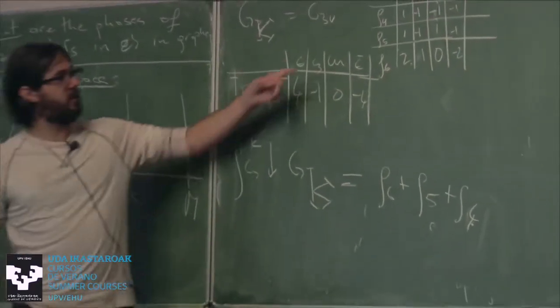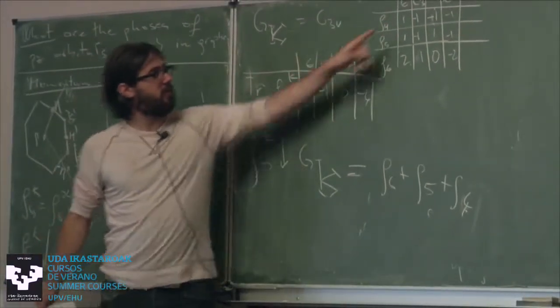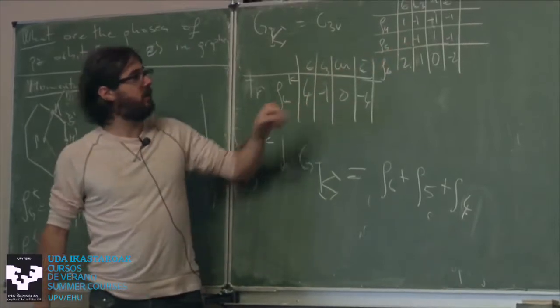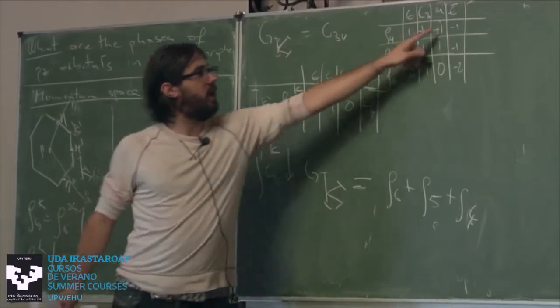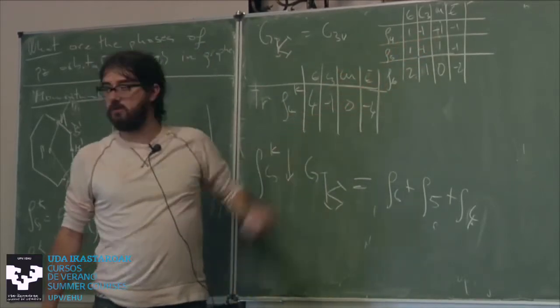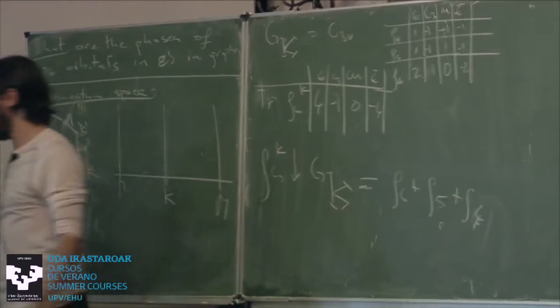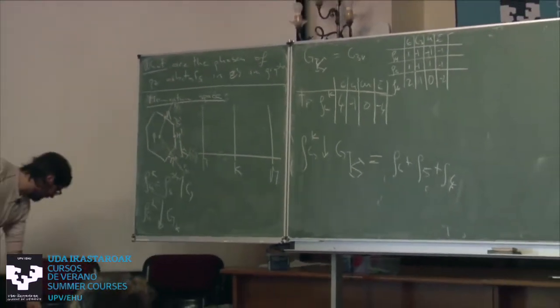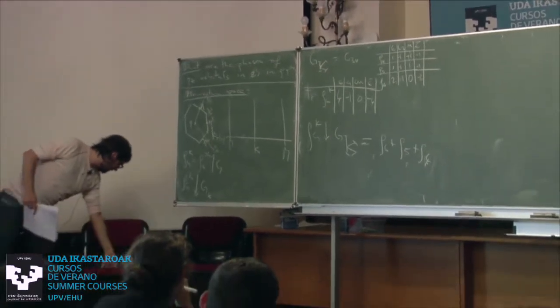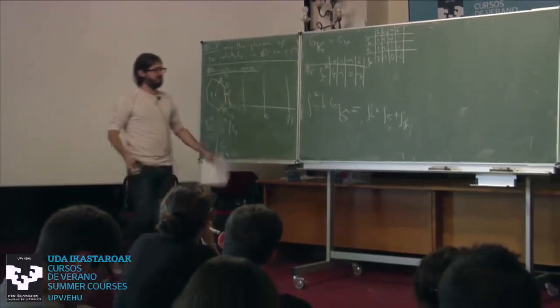Okay, because you have 1 plus 1 plus 2 is 4, minus 1 minus 1 plus 1 is minus 1, minus 1 minus 1 minus 2 is minus 4, i minus i, 0, 0. The characters match. The characters form a linear space, and all you need to do is check this.